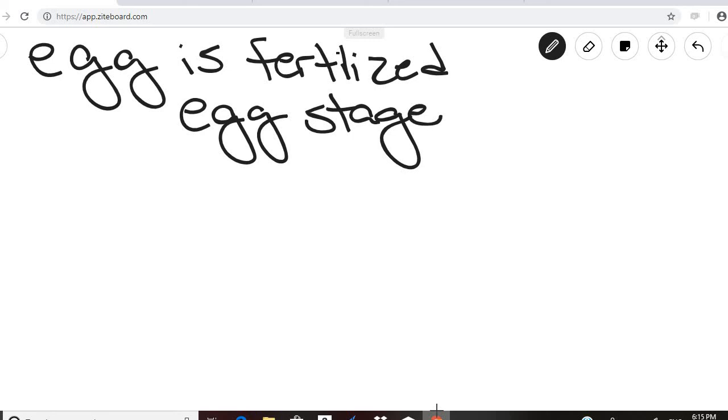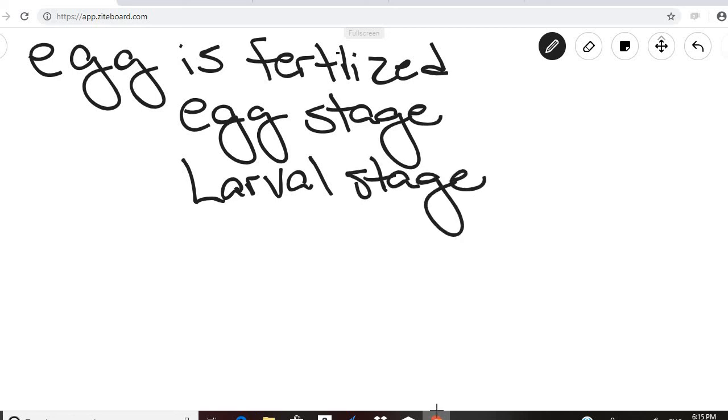The next phase is a larval phase or larval stage, and in most insects the larva tends to look like a worm.